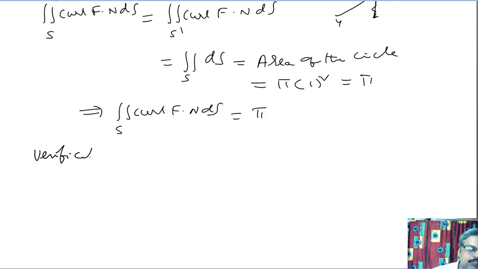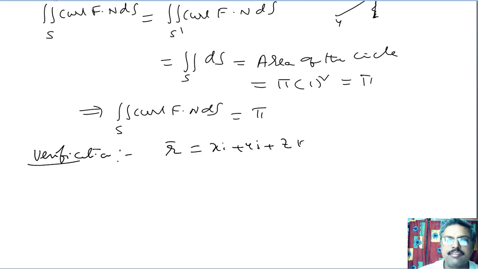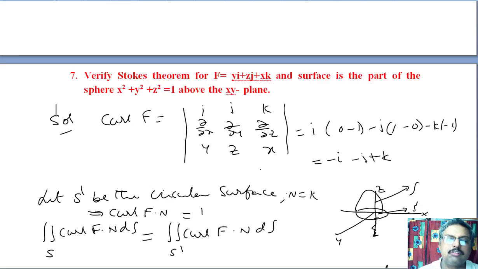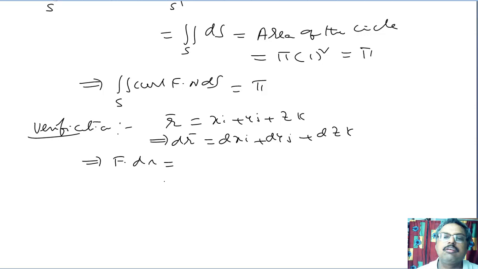Now verification. Same procedure. R bar equals xi plus yj plus zk. Dr bar equals dx i plus dy j plus dz k. F dot dr equals, first term is y, z, x: y dx plus z dy plus x dz.